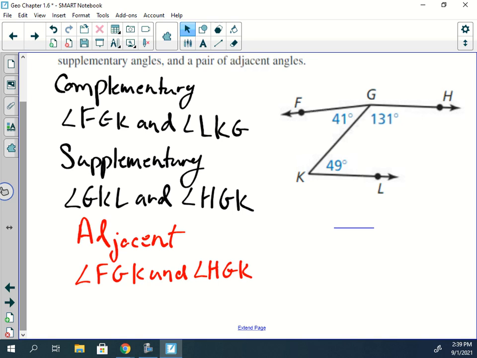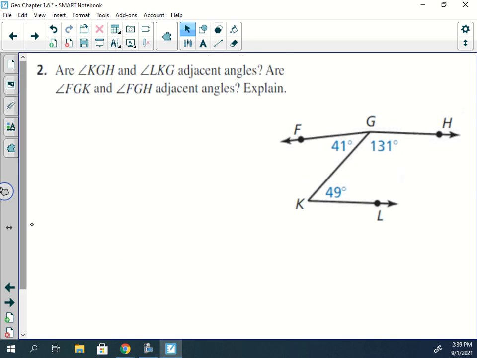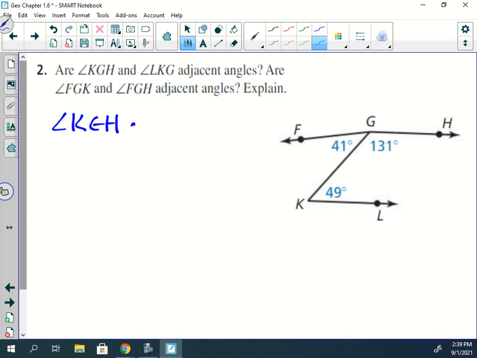Let's look at this next part here. Are angle KGH and angle LKG adjacent?